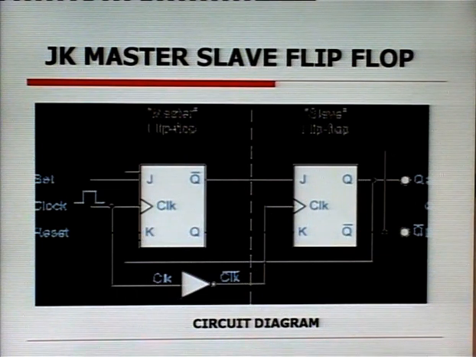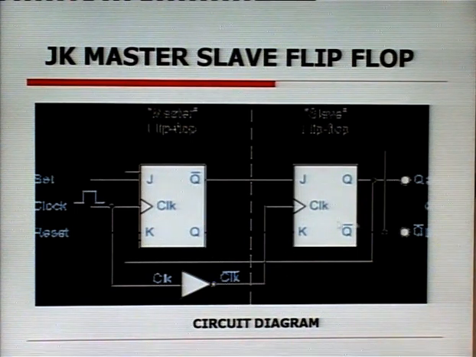So, this type of circuit is used in a JK master slave flip flop, in which we actually have two flip flops, one master and the other slave. Whatever operation the master flip flop performs in the positive clock cycle, the slave copies in the negative edge of the clock cycle.